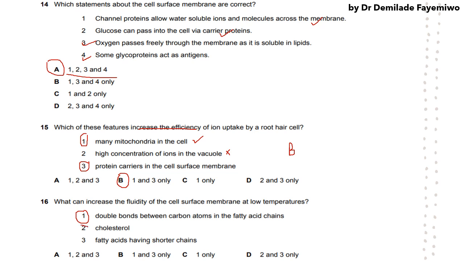Cholesterol, this is the function of cholesterol in the cell membrane, to regulate fluidity. So we can't leave cholesterol out. It certainly has to be there. And 3, fatty acids having shorter chains, that's also going to help with them not being closely packed and being more fluid. So the answer here would be A. All right.